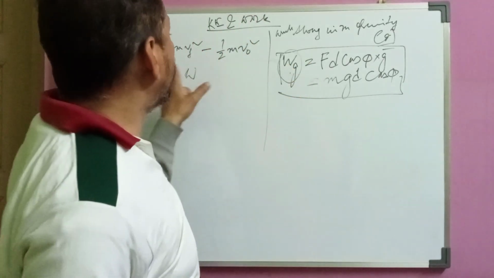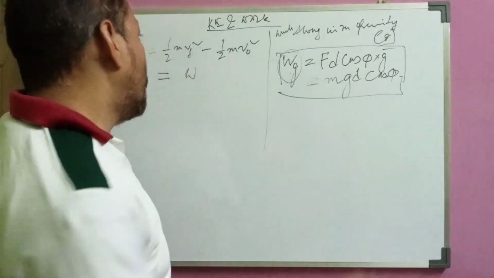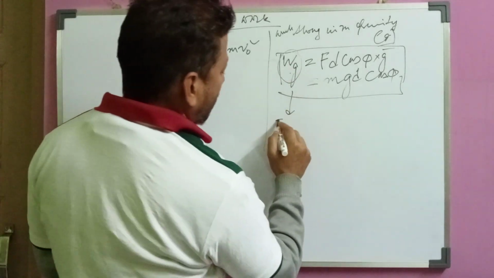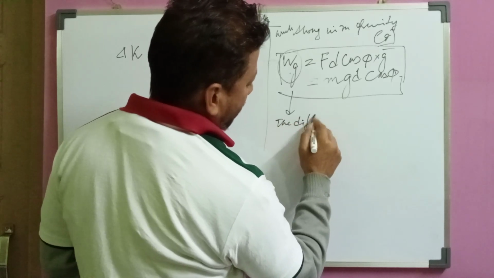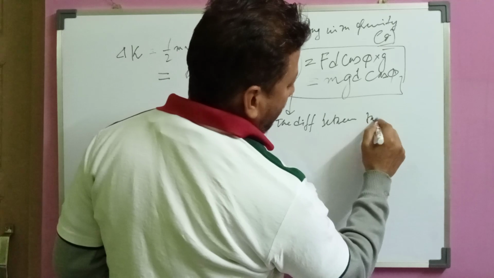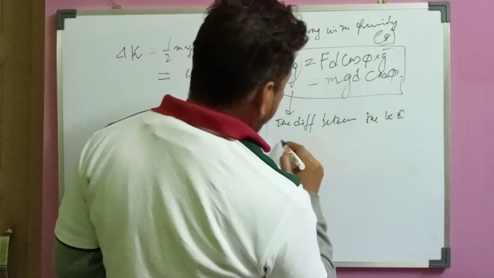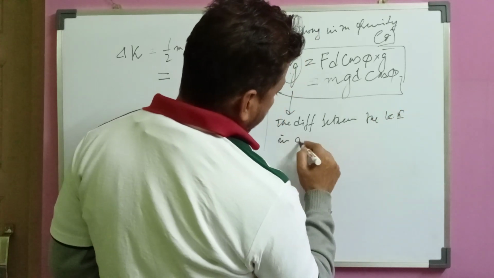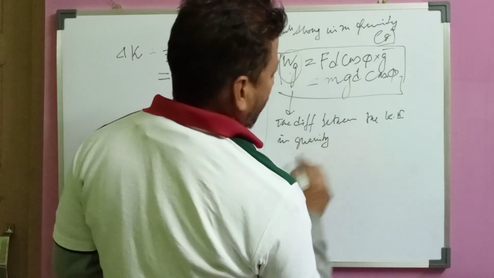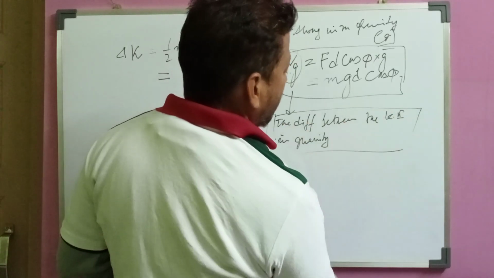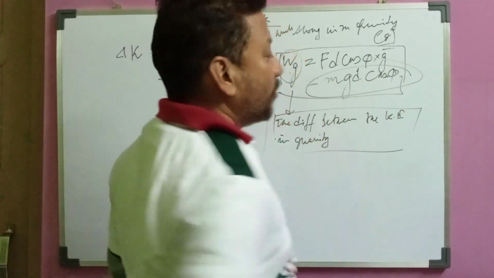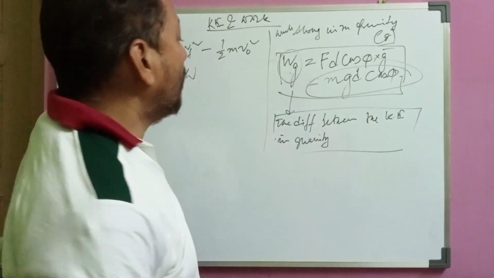Work is the difference between two kinetic energies. So here also it will be the difference between the kinetic energy in gravity. Okay, so this is the gravity. So this will give you this part. Keep it always in mind.